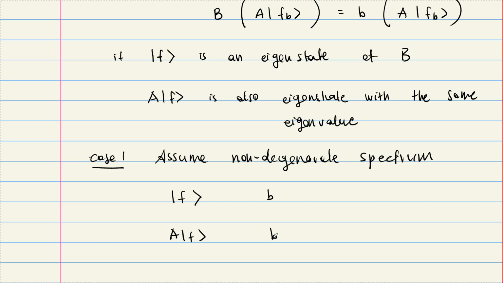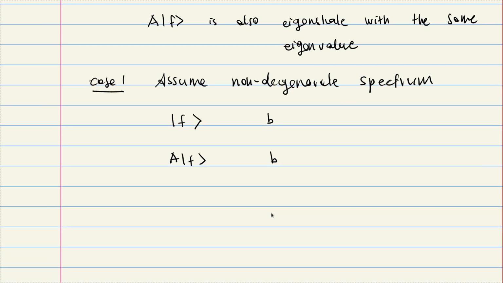I'm using the non-degeneracy, but right now there is no degeneracy. We said there is no degeneracy. f is an eigenstate with eigenvalue B. A times f, let's call this some f tilde. If f and f tilde have the same eigenvalue, what do we know about f and f tilde? They are the same ones. Exactly, they are the same up to a constant.